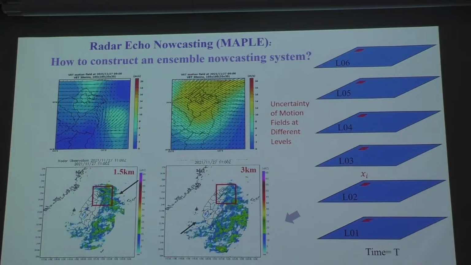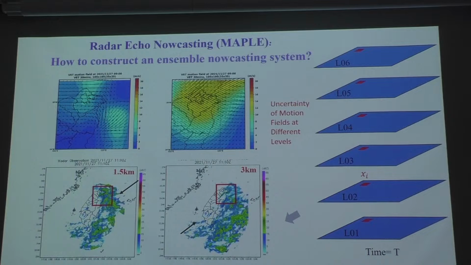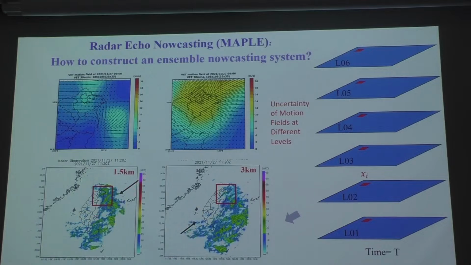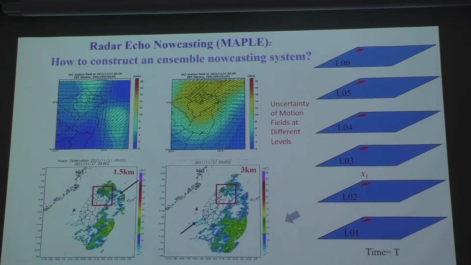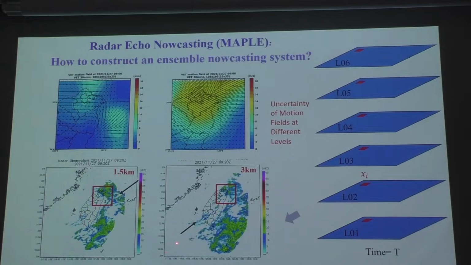One example of why we have this kind of question is that by looking at the radar echo, you will notice that at low levels, the system moves from northeast to southwest. On the other hand, when you go higher, you will notice that the propagation of the precipitation system is from southwest to northeast.